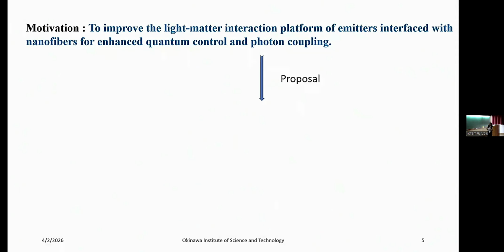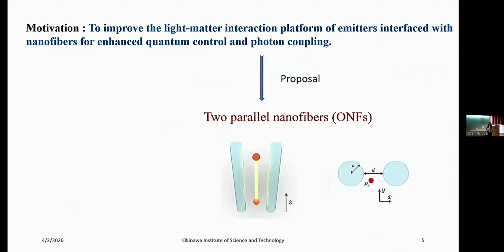My motivation here is to improve this whole light matter interaction platform of emitters interfaced with nanofibers for enhanced quantum control and photon coupling. The single nanofiber has already been studied and is well understood. So my proposal here is to study two nanofibers.